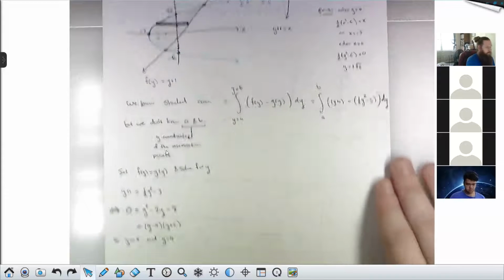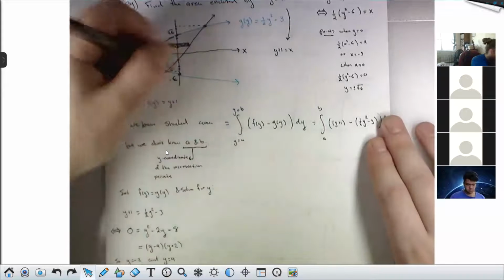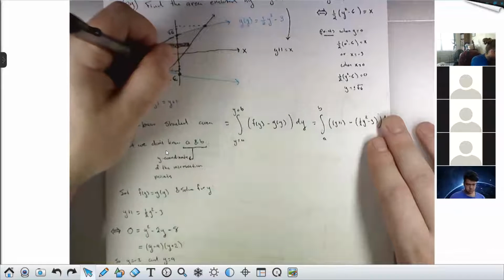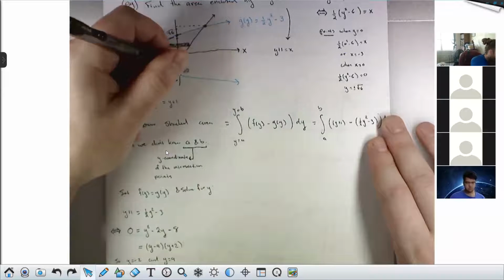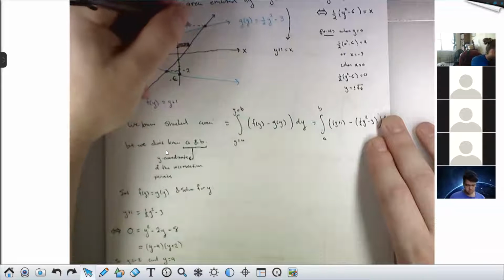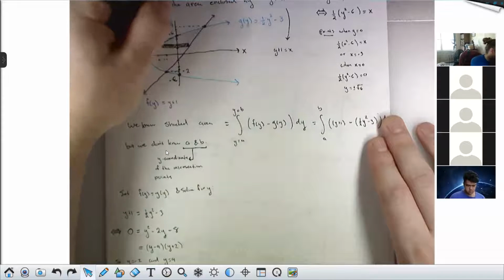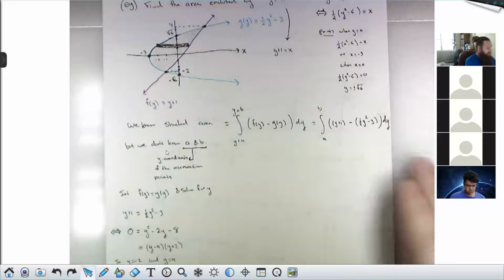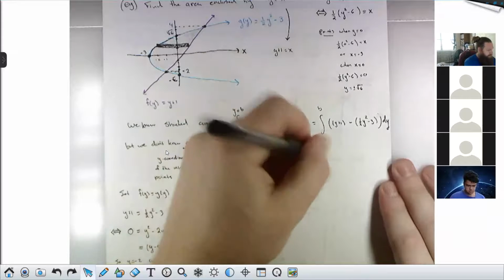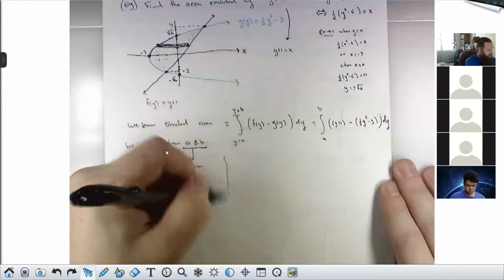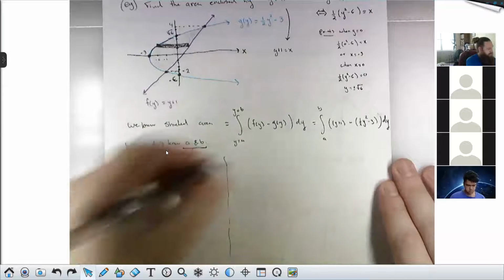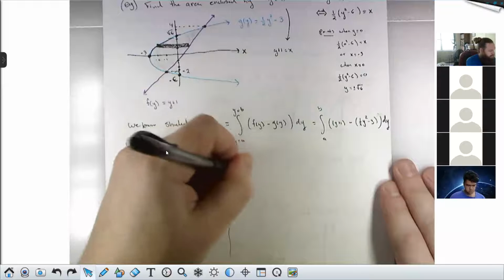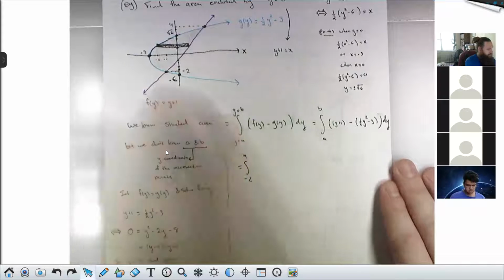That's it. So this guy right down here, these guys actually meet right at -2. And up here, these guys actually meet right at 4. Notice that my integral here is equal to the integral from -2 to +4.